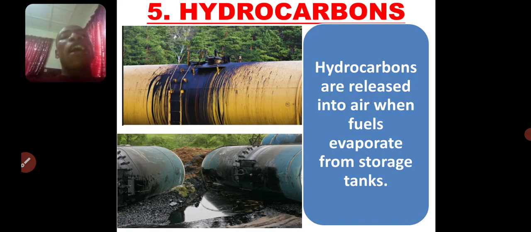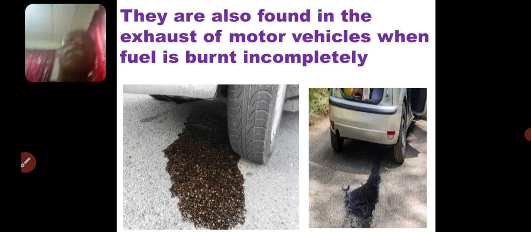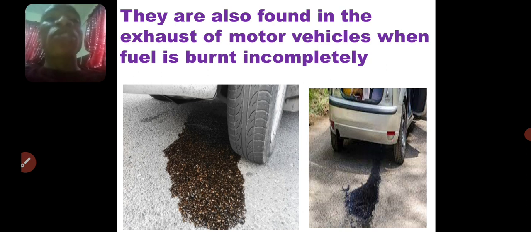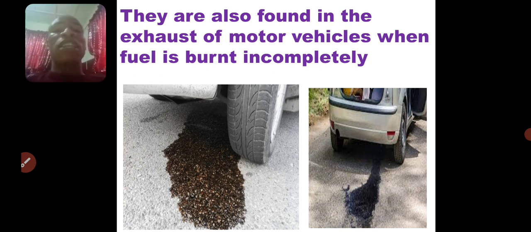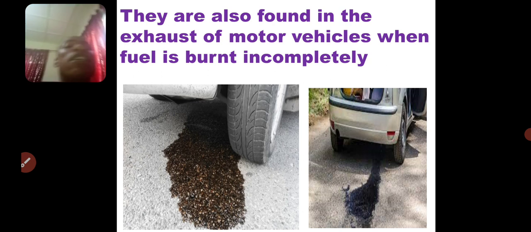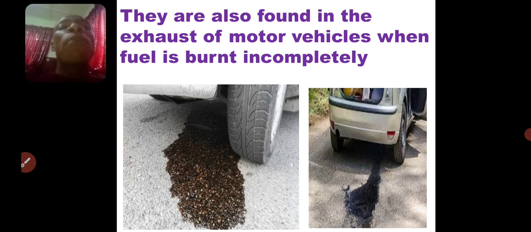Hydrocarbon is another air pollutant. Hydrocarbons enter our atmosphere when fuel evaporates from storage tanks, or when there is a leakage in the storage tank and they enter into our environment. Now, a hydrocarbon example is methane. It's a greenhouse gas, that is, it can cause the greenhouse effect and lead to global warming. Apart from that, you can also get hydrocarbons from the exhaust pipe of vehicles when there is incomplete combustion.